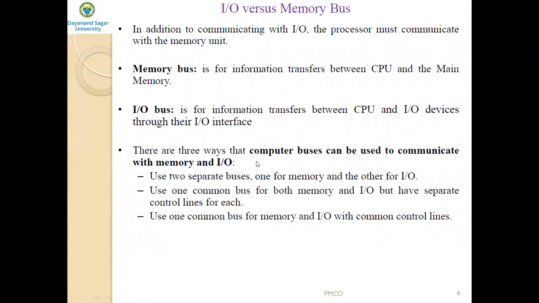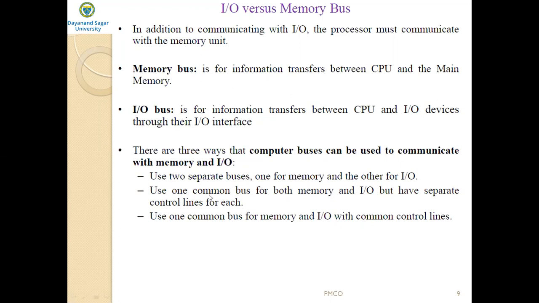So there are three ways that computer buses can be used to communicate with memory and I/O, because we have to interface between the CPU and the memory and the CPU and the I/O device. So which are those three ways? One is to use two separate buses, one for memory and the other for I/O.